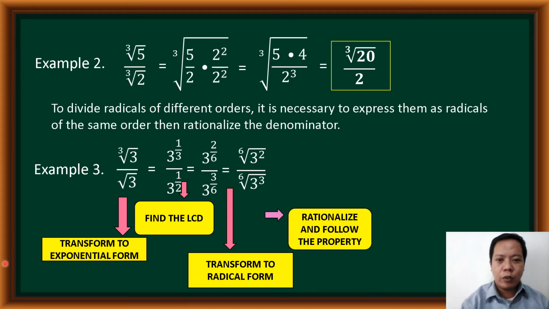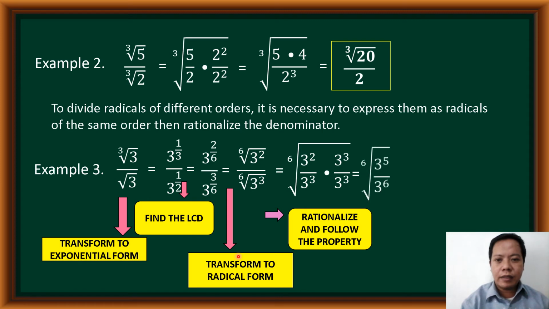It's about time to rationalize and follow the property. We have the 6th root of 3 squared over 3 cubed. So rationalize, multiply both numerator and denominator by 3 cubed.